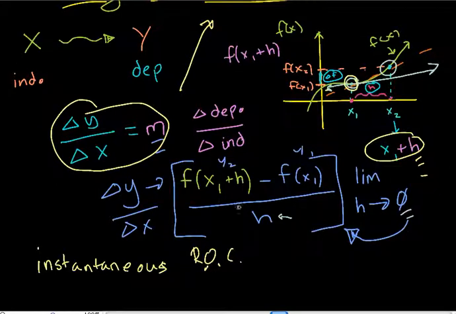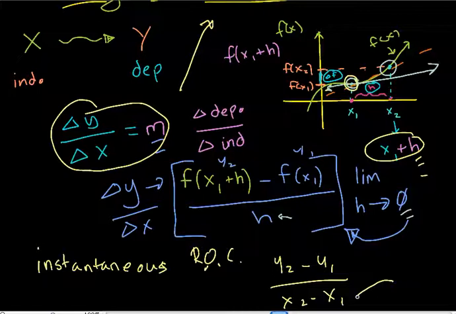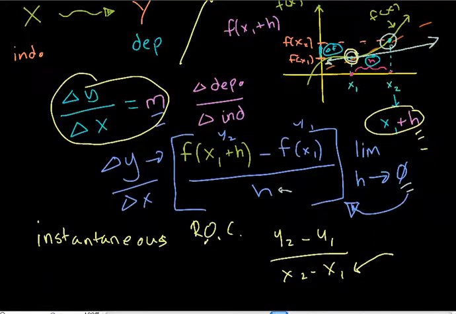So I'm saying the change in y is basically y2 minus y1, and the change in x is x2 minus x1. Well, what if the change in x is almost zero, as the distance between them becomes basically zero? That'll give me almost finding the slope at any given point on the line, because they're all different.